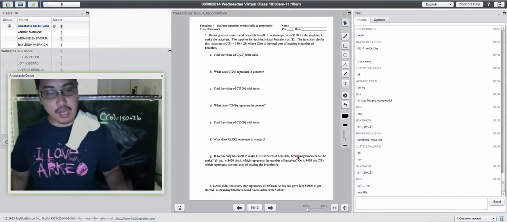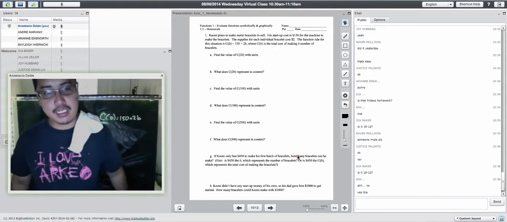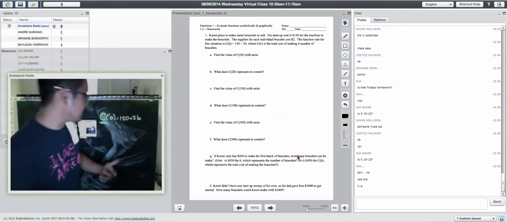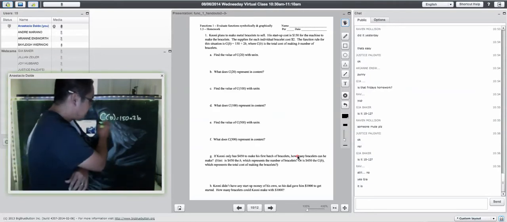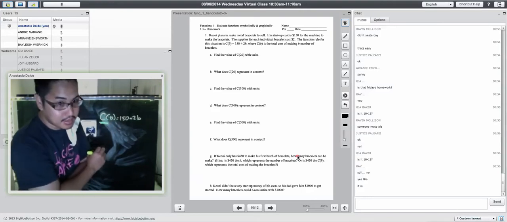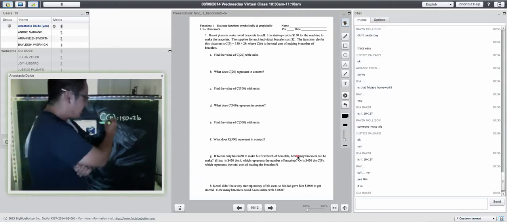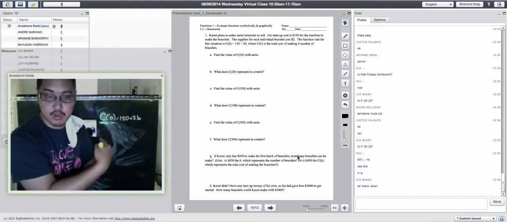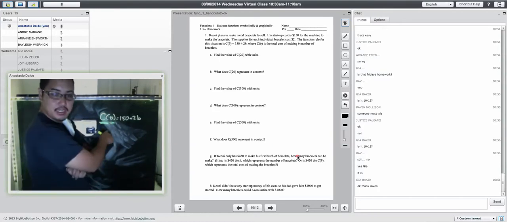And he says, well, the amount of money I need depends on how many bracelets I plan to make. So that's what this is saying, this is the cost of your startup as it depends on B. So C represents the cost of your initial investment, the amount of money that he needs to borrow from you, or the cash, I guess.